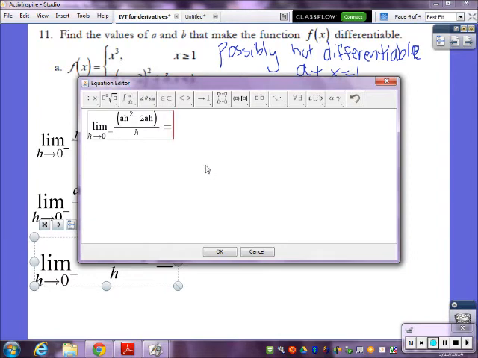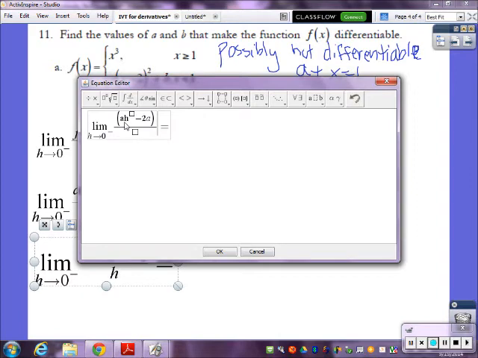ah squared minus 2ah. Now, at this point, I can see that I have an h in each term. So h squared would become just h, and then 2ah would just become 2a. So this exponent would go away, and I'd be left with the h, and then this h would go away, and then the h in my numerator would go away.